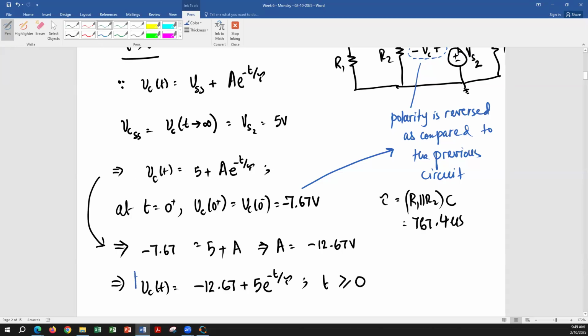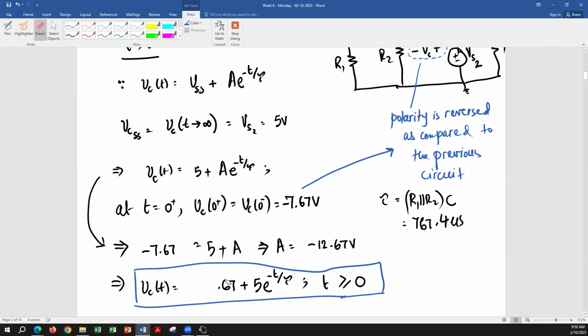Yes, you're right. This is 5, the final value, and this is 1. And then this is 12.67. Very good.